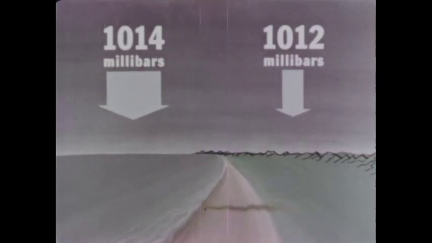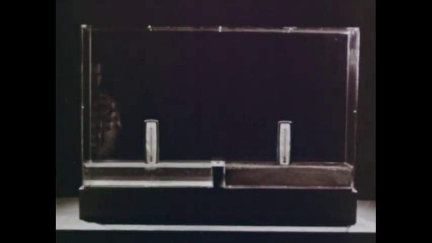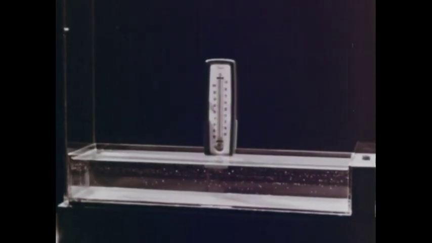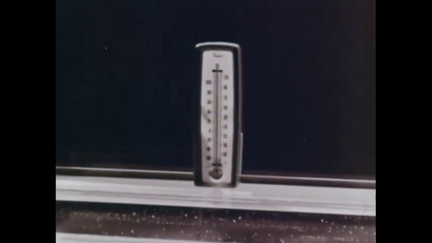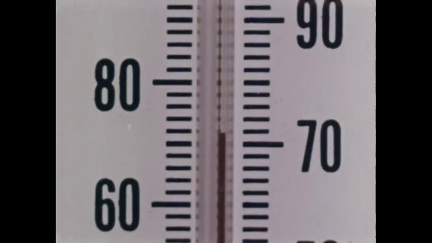Why is the air pressure over the water higher than the air pressure over the land? Here is a sealed plastic box in which we can simulate the conditions we found at the beach. This tray of water represents the ocean. The temperature of the air over the water is 72 degrees.